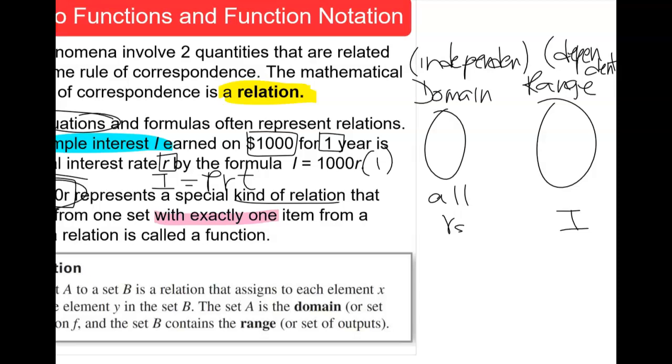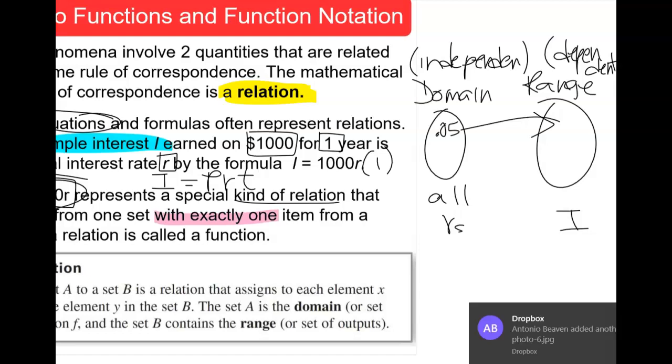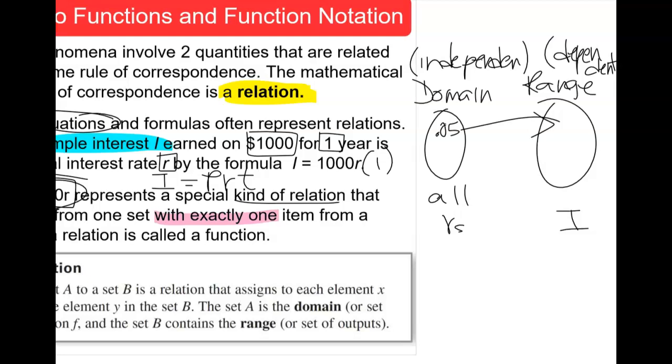So for example, if the rate is 5%, which we'll say like 0.05 instead of using the percent symbol, and we have $1,000, then we might get a certain number here. And for 1 year, it will be the product of 1,000 times 0.05.